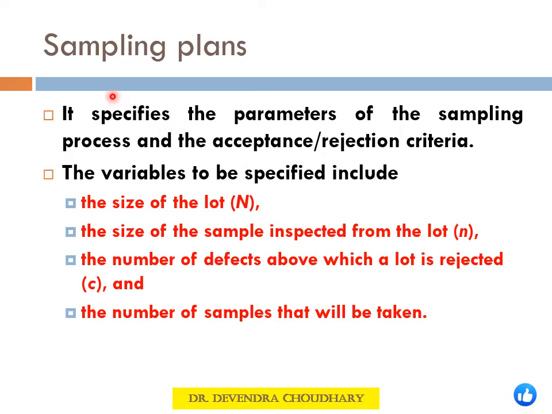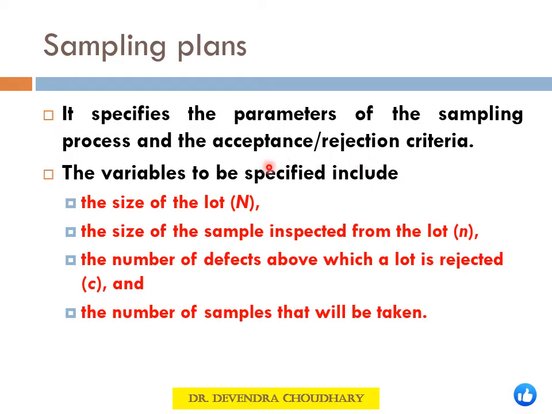A sampling plan is an important tool of acceptance sampling. It is a plan for acceptance sampling that precisely specifies the parameters of the sampling process and the acceptance and rejection criteria.